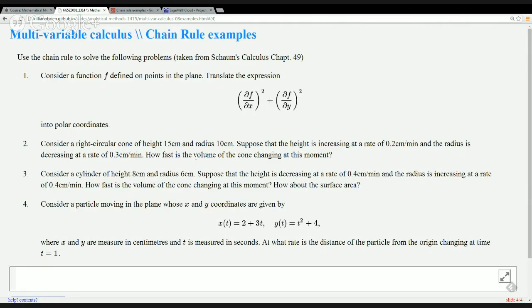So the shrinking in the radius is enough to overcome the stretching in the height to actually pull the volume down. Okay?